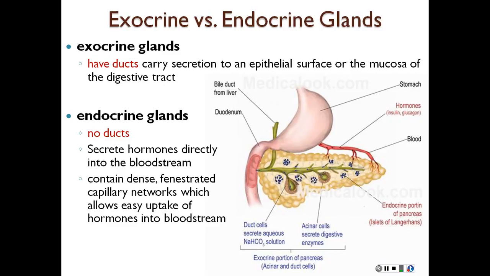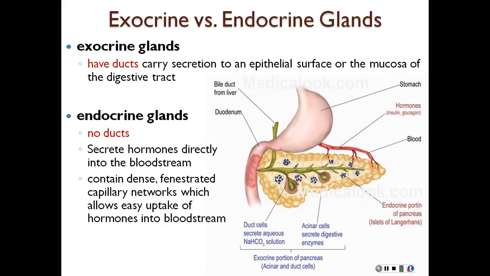So what this slide is showing you is that the pancreas produces insulin and glucagon by way of specialized cells here called islets of Langerhans. And so those parts of the pancreas secrete insulin and glucagon, and those hormones are picked up by the bloodstream and travel throughout the body.